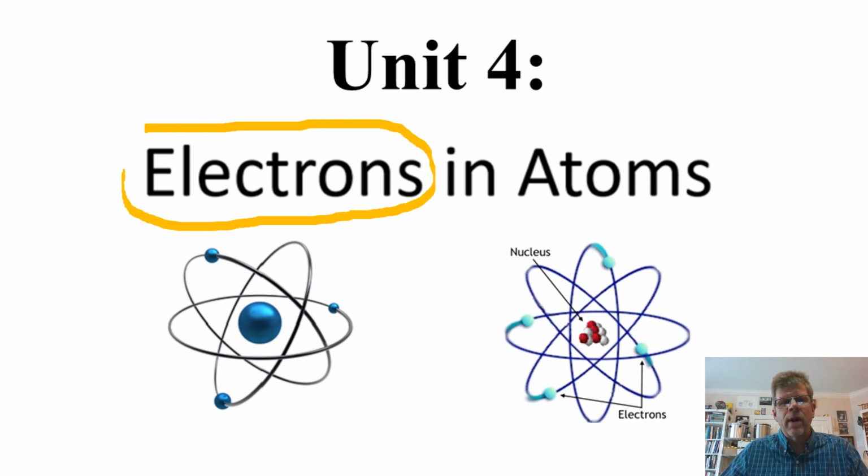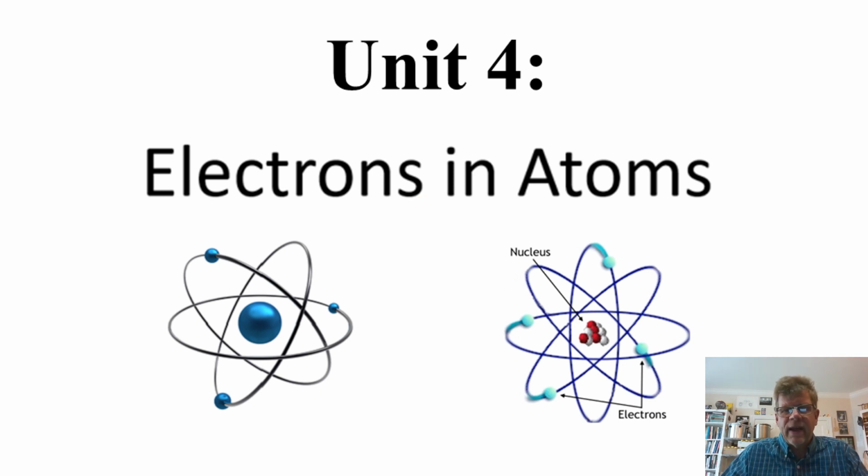Electrons in atoms are what chemistry is all about. I frequently refer to chemistry as the dance of electrons, and their placement in the atom makes them amenable to leaving one atom and approaching another one, and so on and so forth, to form ions.